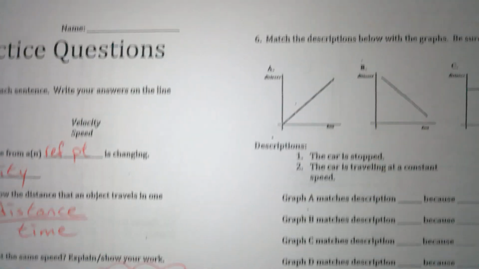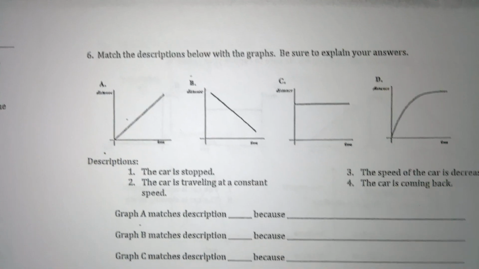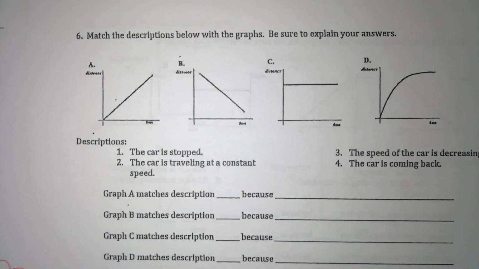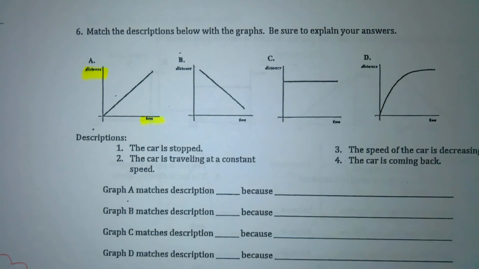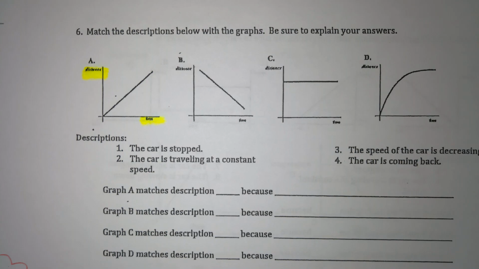So now looking at number 6, you have to pay attention to the axis titles right here. Distance and time. These are distance and time graphs. 90% of the motion graphs that you see are going to be distance versus time graphs.